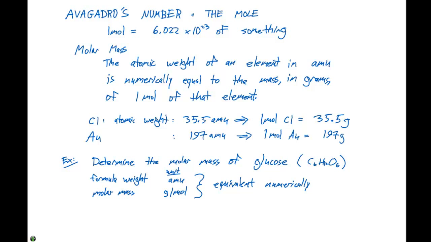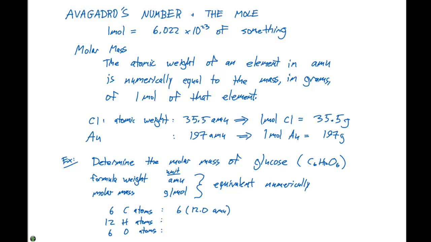In 1 molecule of glucose, we have 6 carbon atoms, we have 12 hydrogen atoms, and we have 6 oxygen atoms. Now we can look at the periodic table to see how much 1 atom of carbon weighs. If we look, there's going to be 6 times 12.0 AMU.